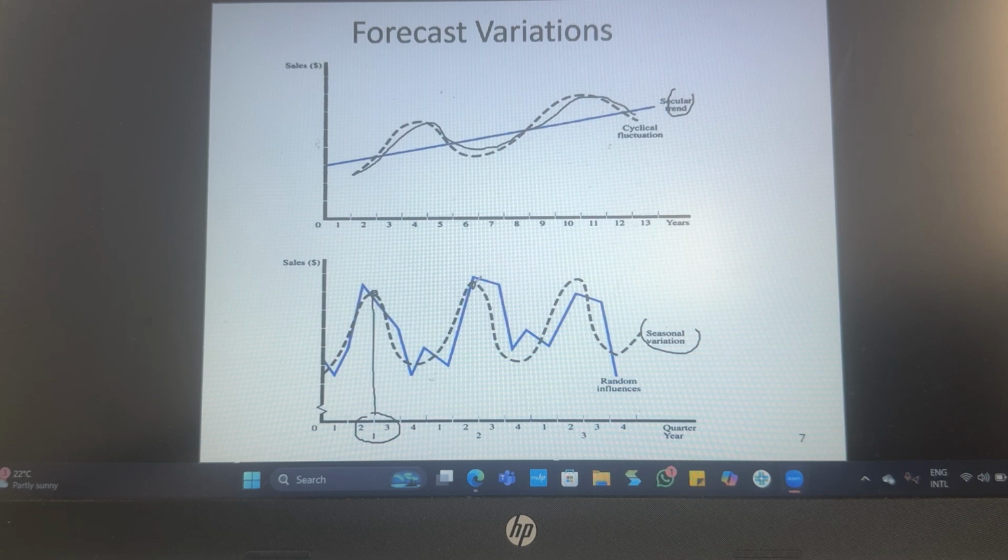You see here in between second and third quarter. This peak is also second and third quarter. And the lowest sales performance is happening here at the end of the fourth and the beginning of the first quarter. You see, it is the same every year. So this is seasonal variation.